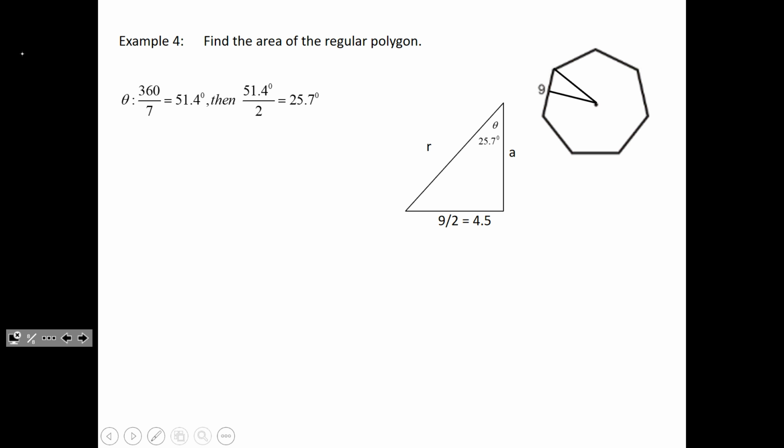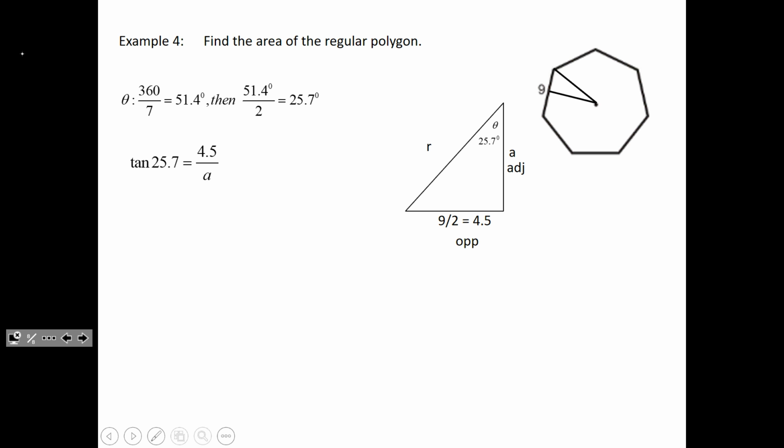So, now that I know my theta, I am looking for the apothem. And the apothem is where in reference to that angle? Adjacent. Very good. So I know the opposite, and I'm looking for adjacent. What are we going to use? Good. So I've got tangent of my angle, 25.7, is equal to opposite, 4.5, over adjacent A, the piece we don't know.